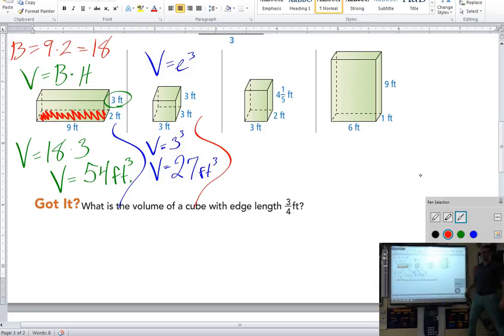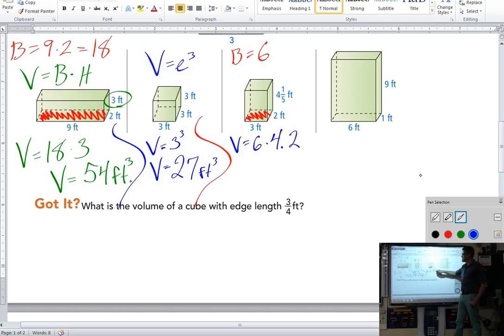So you can actually make whichever face you want be the base, and then the leftover dimension is your height. So here, the 3 times 2 is real easy to do, so we can leave that as our base. So our base area, 3 times 2, is going to give me 6. So then to find that volume, we set up 6 times the 4.2, the height that we have not used yet.